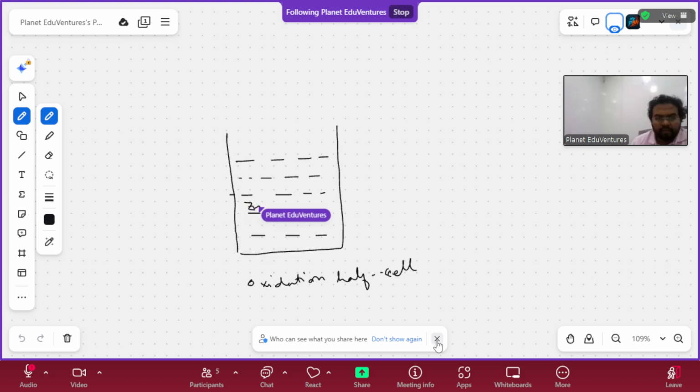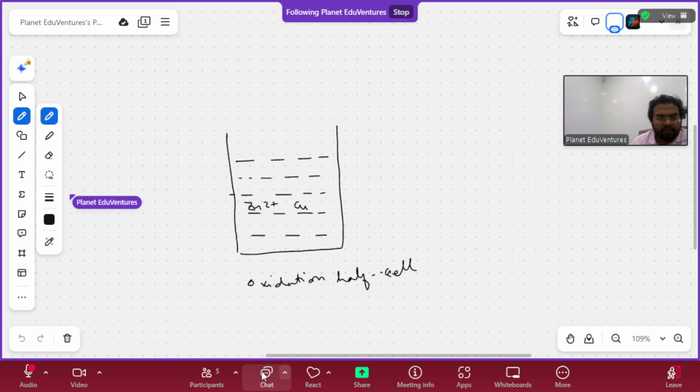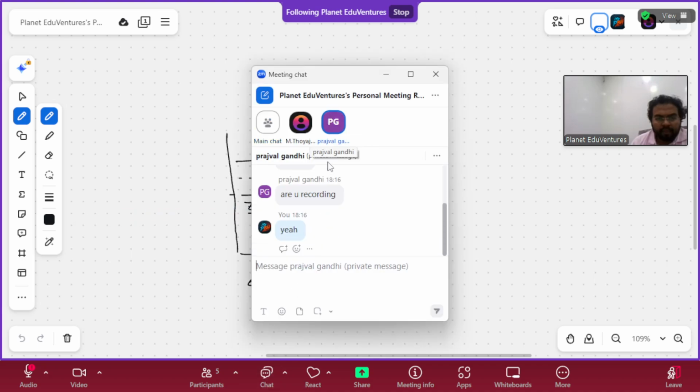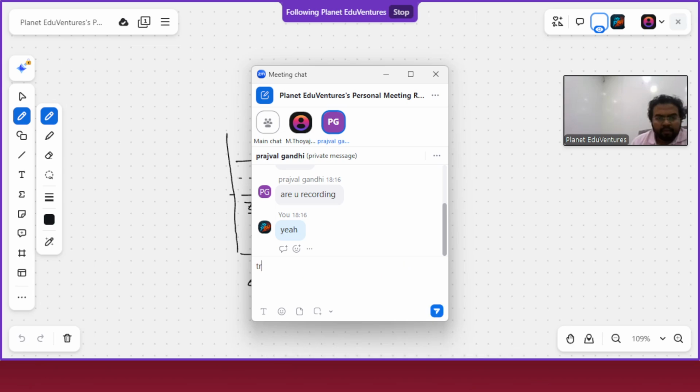So, I'm going to write Zn2+ and SO4 2-. Now, there is a zinc rod that is immersed in the zinc sulfate solution. So as I said, zinc sulfate solution will have Zn2+ and SO4 2-.